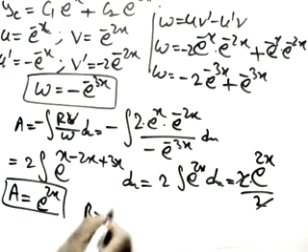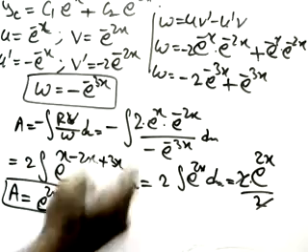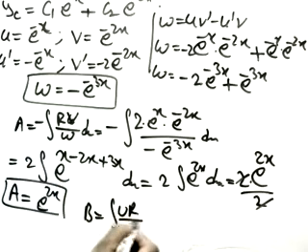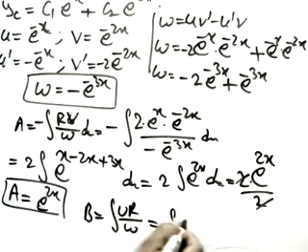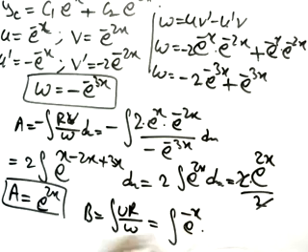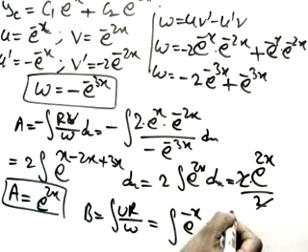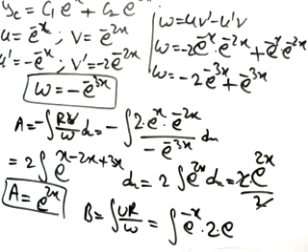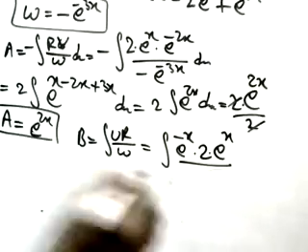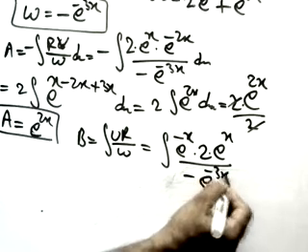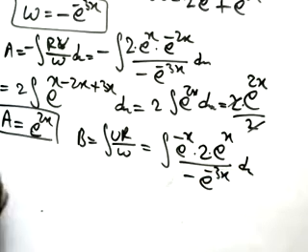Now let me find B. So B equals integration of u into r by w, again minus 1 is plus here. So integration of, in place of u we are having e power minus x into r. The value of r is 2 into e power x, divided by w, so w is minus e power minus 3x dx.